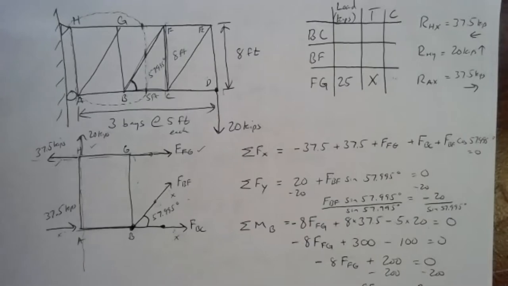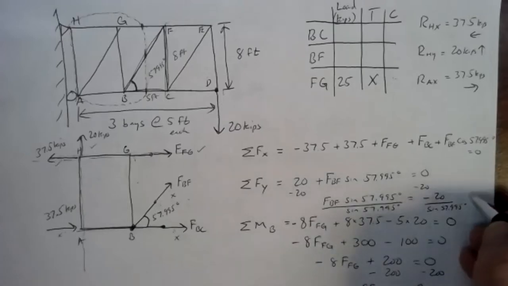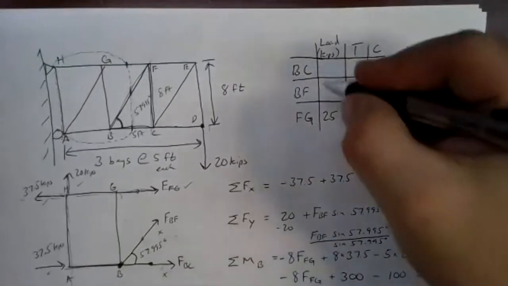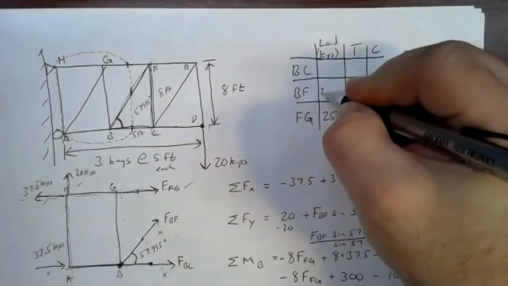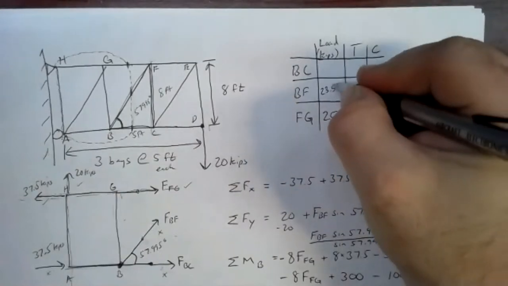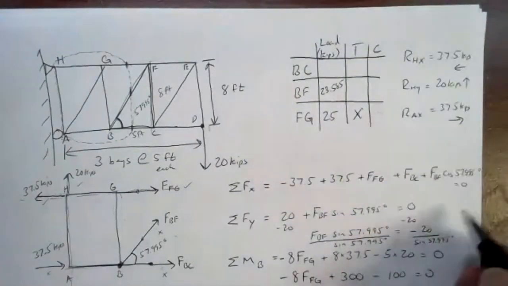And FBF comes out to be, looks like negative 23.585. So FBF, I'm just going to have to go up to the table here. It's 23.585, but it came out negative.